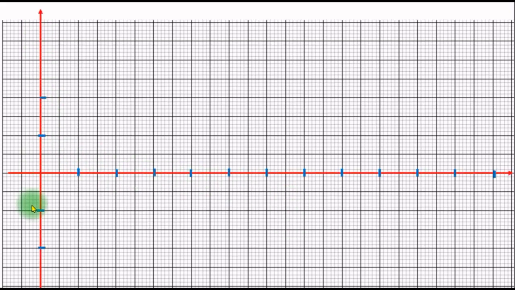So let us now draw the x-axis. We have the x-axis, and then the y-axis, and we put intervals of 2 big squares in each case, such that the interval will be 30 degrees for the x-axis, and on the y-axis 2 big squares represent 0.5.